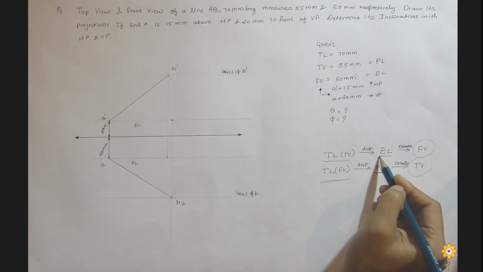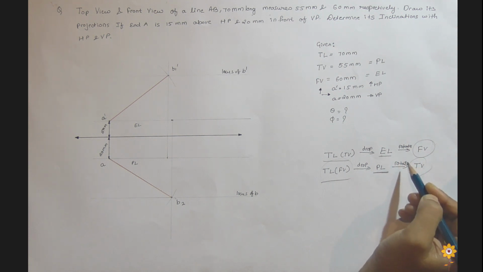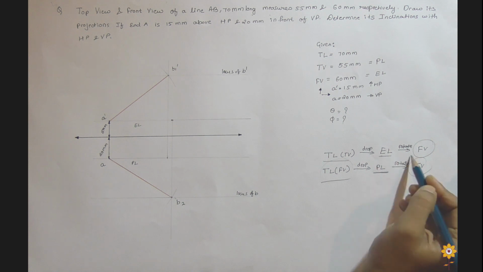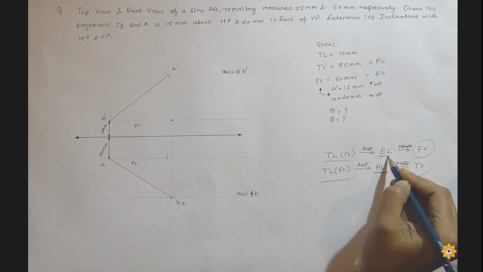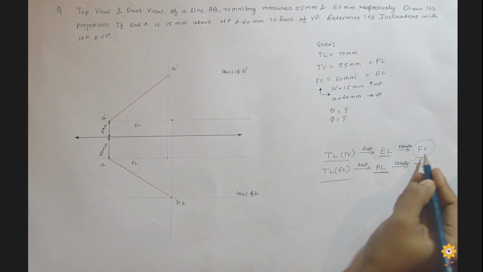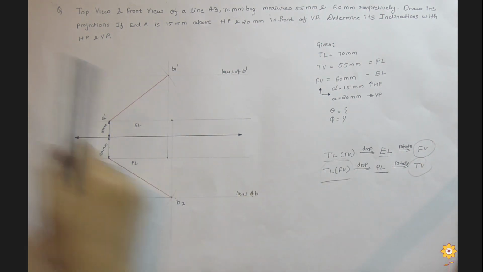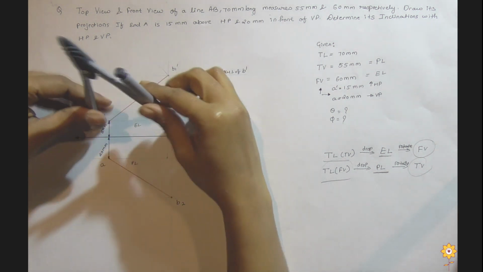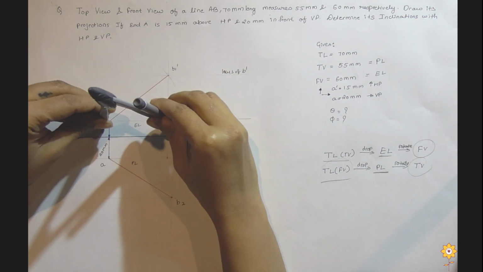As we know that the EL and front view are the same length, and PL and top view are the same length, on rotating one of them we would get the other distance. So EL we have here and PL I have here. I'll rotate them to get my front view and top view. This is my EL.